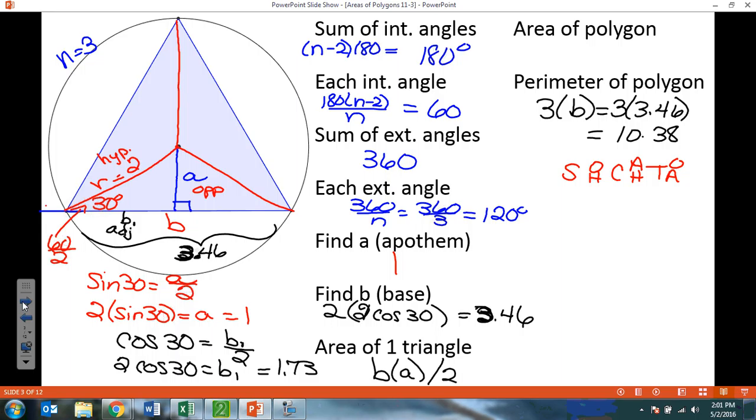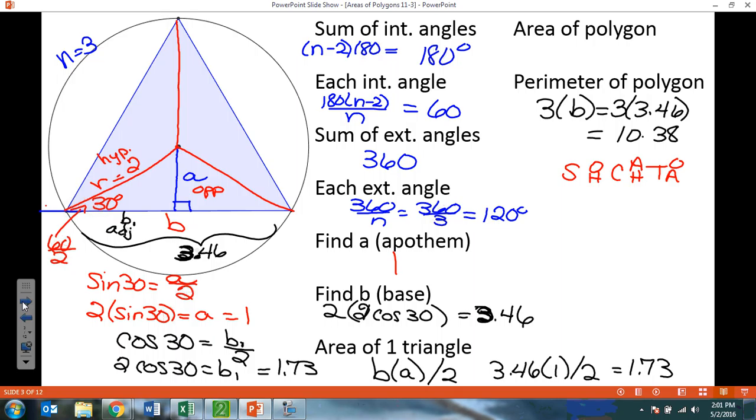So we're going to take the 3.46 times our apothem, which was 1, and we're going to divide that by 2. And what do we get? 1.73. So that is one of these triangles.